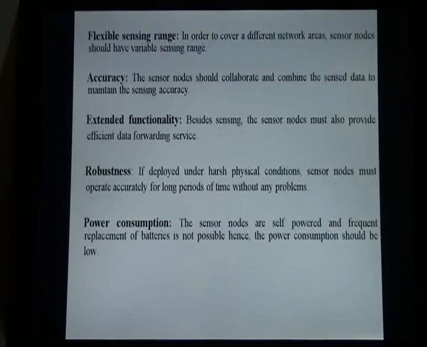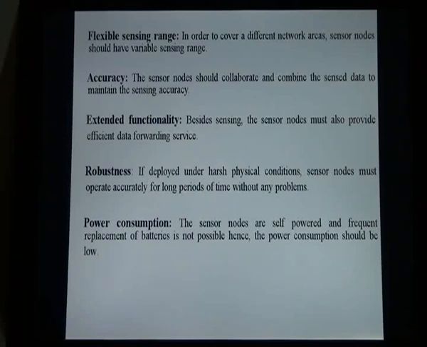There are a few more parameters that need to be addressed. A network should have a flexible sensing range, that is, the range can be adjusted from a higher end to a lower end or vice versa. The data which is received should be accurate, or highly precise. They should also extend some functionality besides sensing, and they must provide data forwarding in the form of packets.